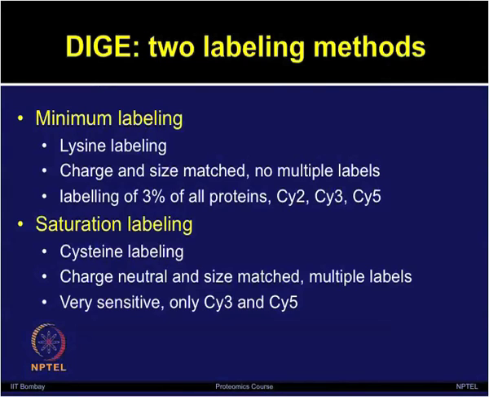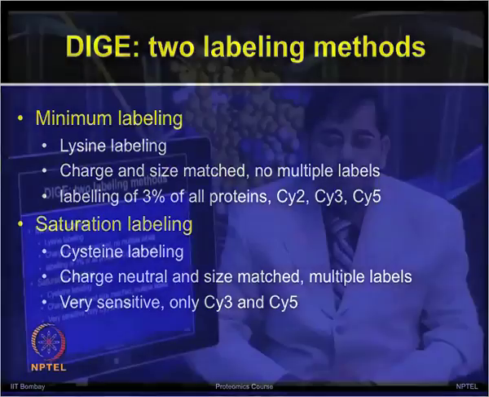It is known as minimal labeling because it labels only 3% of all the proteins. I will give you the reason why we are aiming for a very small amount of the proteome to be labeled, and that will be covered in the next slide.